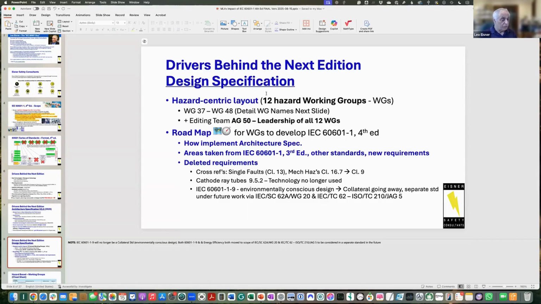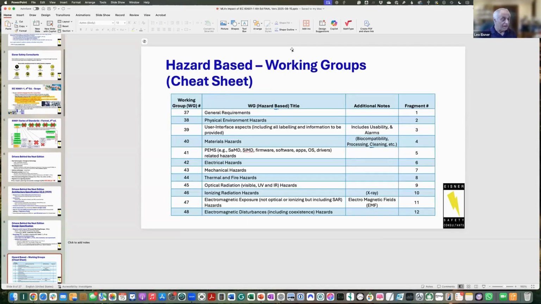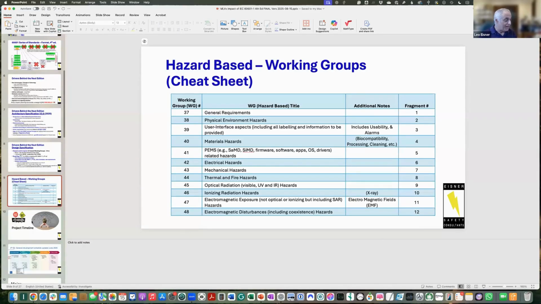And then it's 12 working groups that are all hazard related, which is the next slide. And that's your cheat sheet when I keep talking about working groups. I'm going to try my best to say the names. So refer back to that.